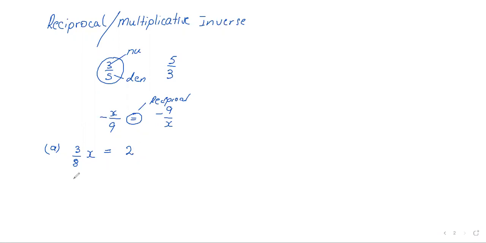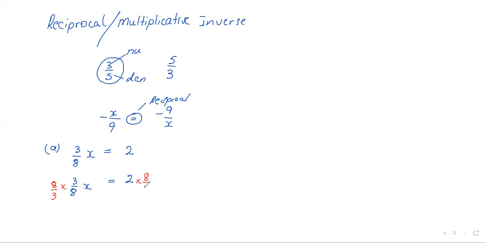Now, this is 3 over 8x is equal to a 2. The multiplicative inverse of 3 over 8 is 8 over 3.